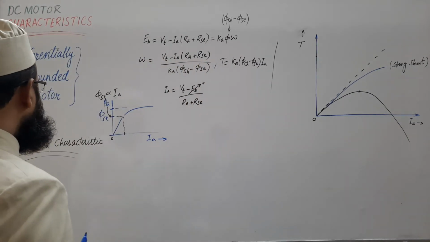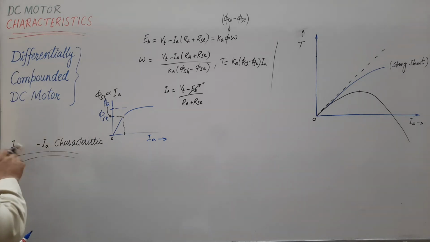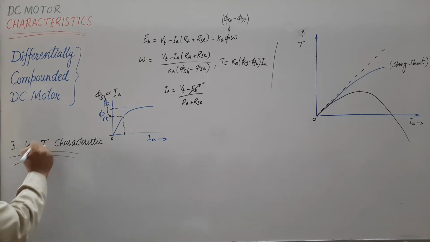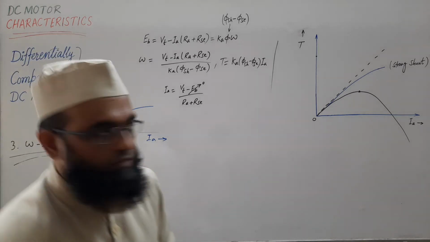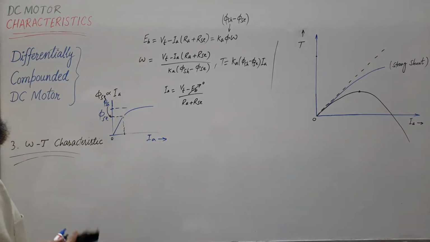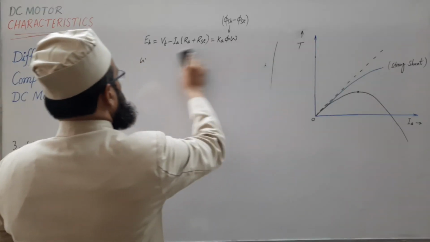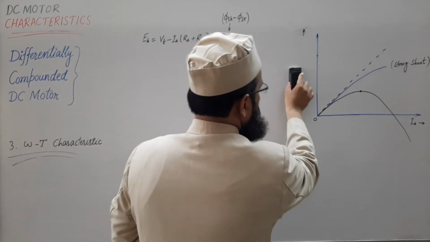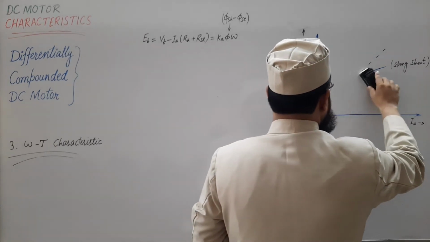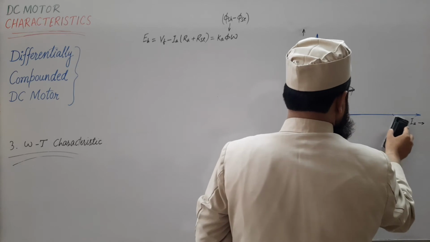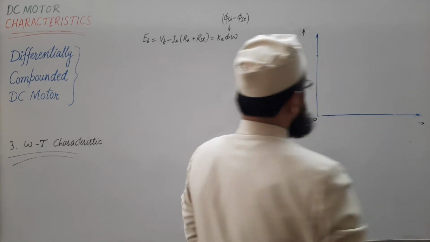Now come to the third characteristic. This was the second. Now come to the third characteristic, the speed versus torque characteristic. For this, just take the speed here and torque on this axis.